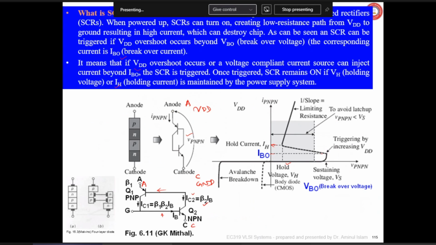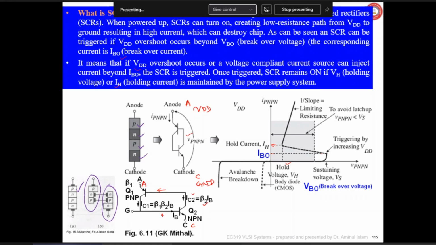Now we'll try to understand what is SCR, or thyristor. If you see, this is nothing but a PNPN or NPNP structure. If you mentally split it, this structure can be split in this way.